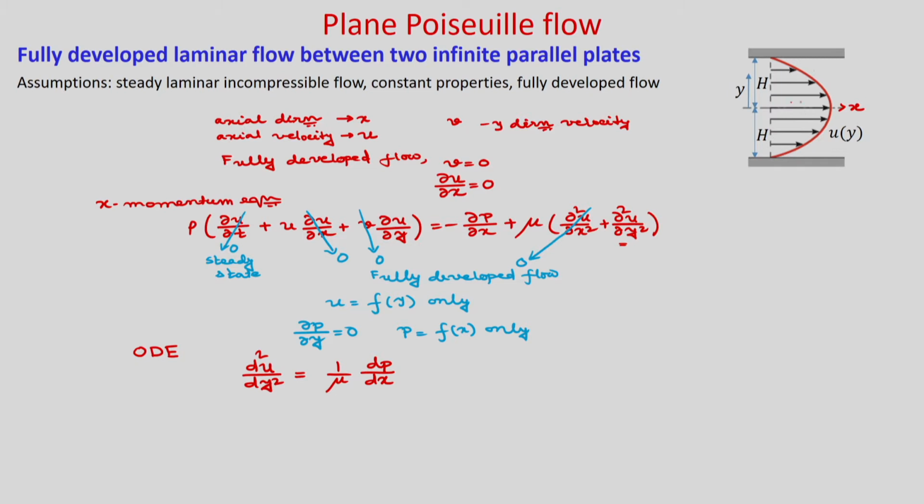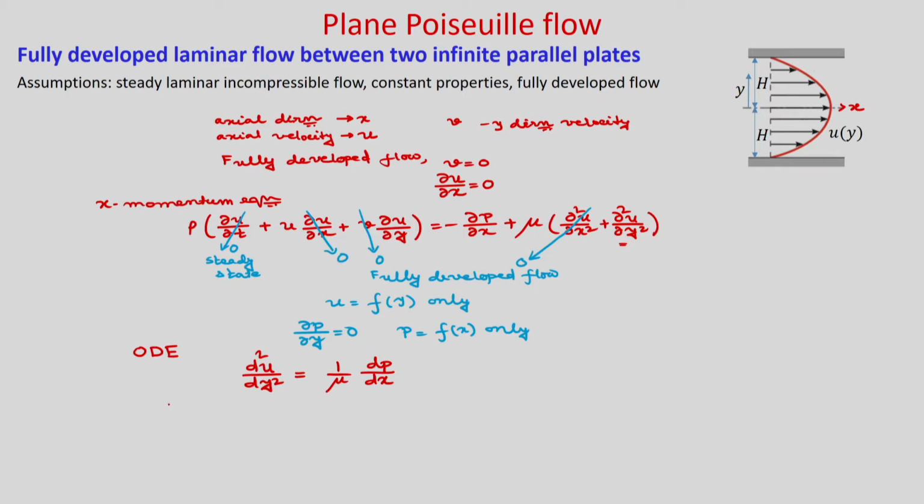What are the boundary conditions? You can see that we have taken the axis in the central line as x and y is measured from the central line from here. So, these two parallel plates are separated by a distance 2h. Okay.